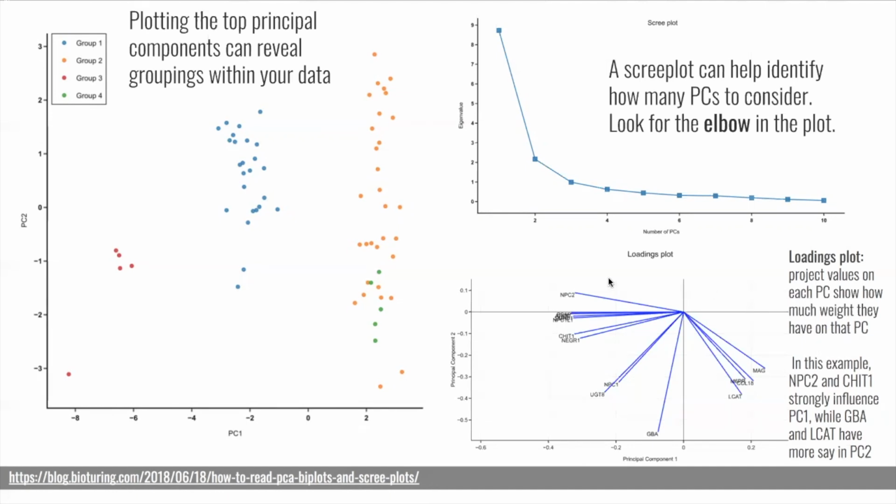So we can start to see that NPC2, and it doesn't matter what the underlying data are here, and CHIT1 strongly influence PC1 as they're the furthest values there, while our y-axis here is principal component 2, and here that's where we're looking at GBA and LCAT start to have more say in principal component 2. So these loadings plots can help to see which features from your original data set are driving the differences you see in a particular component.